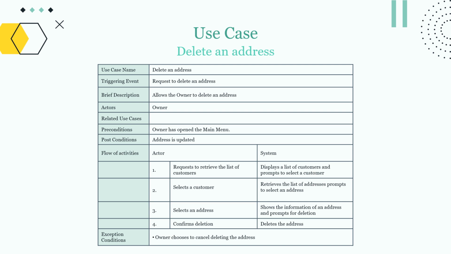Jason can choose from the list or search for a certain customer, and the system will return all the addresses for that customer, and Jason can choose from the address list and select one of the addresses to choose whether to edit or change or delete the address, and finally save the operation and exit to the main menu.